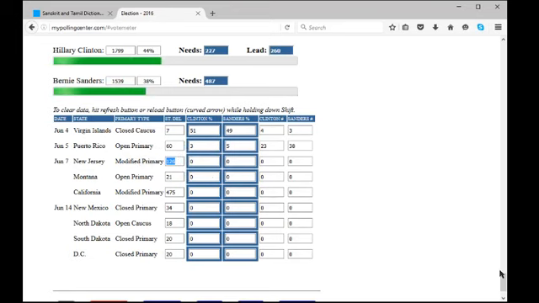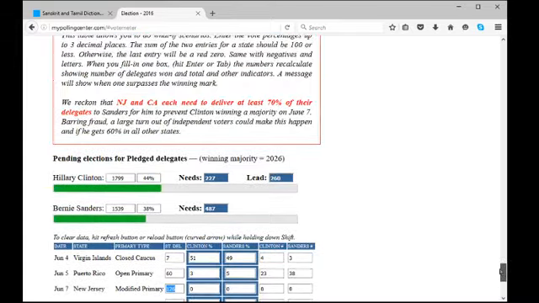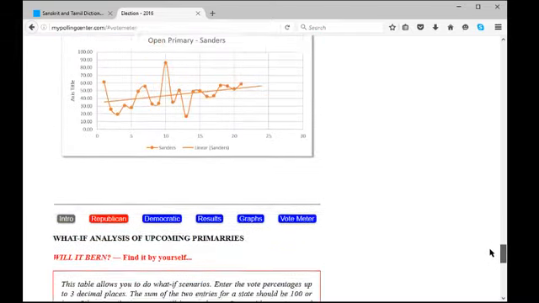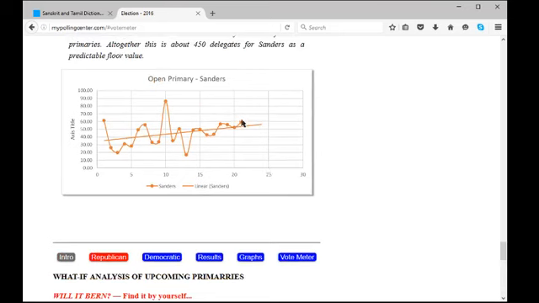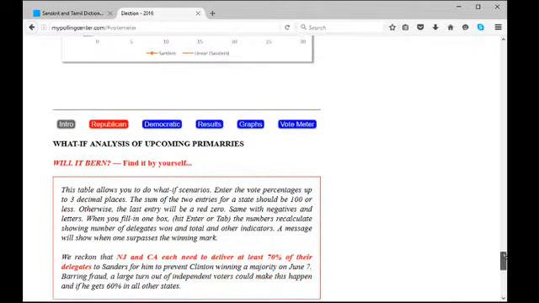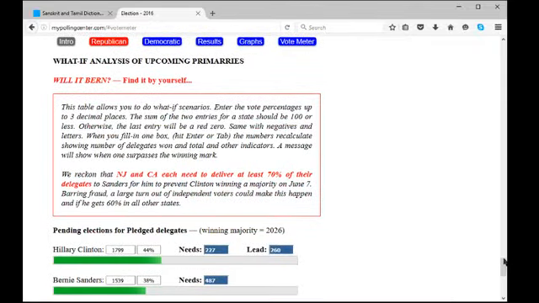And modified primaries means open primary. Here is what the trend is. The trend is showing something like 60% for Sanders at least. So if he can move this up, he can win. Although he has to win more than double what she needs.